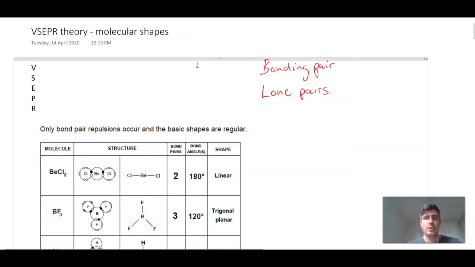Those two things will govern the shape of the resulting molecule, because the repulsion that occurs between the pairs will actually force the molecule into certain shapes. So the theory we use to describe this is called valence shell electron pair repulsion, sometimes called the VSEPR theory, and we can use this to explain what's going on.